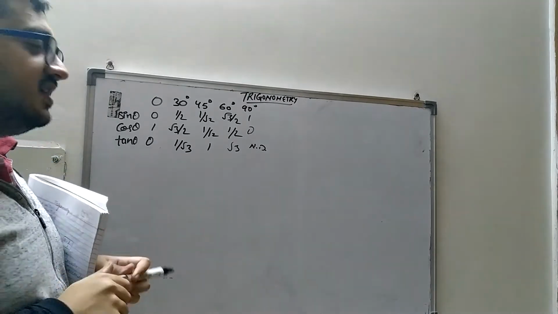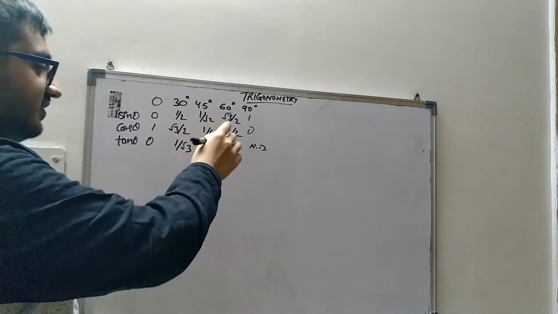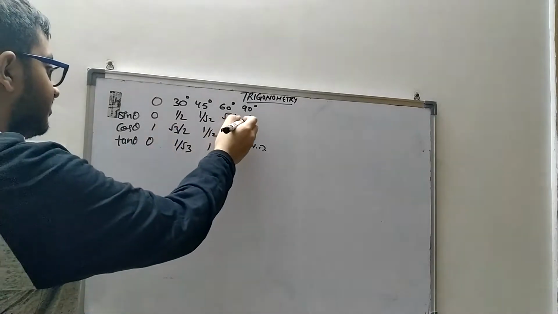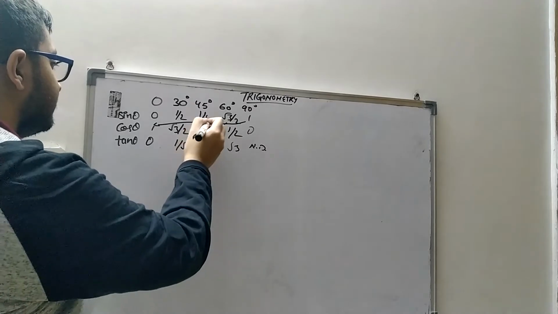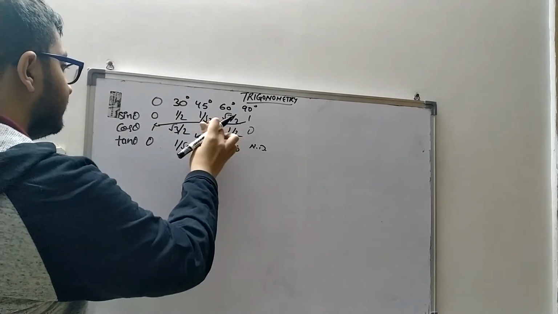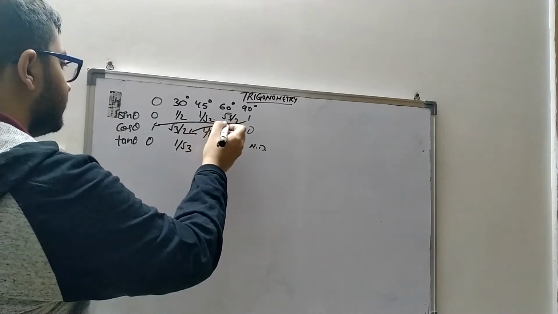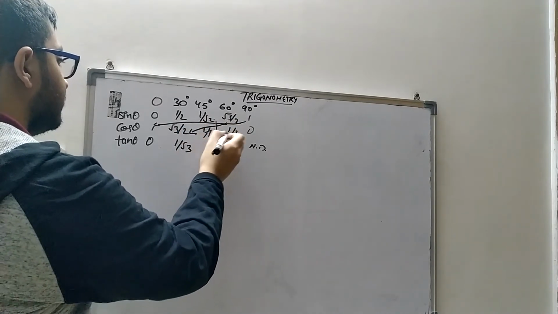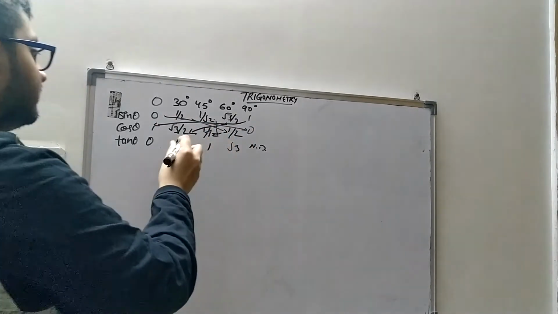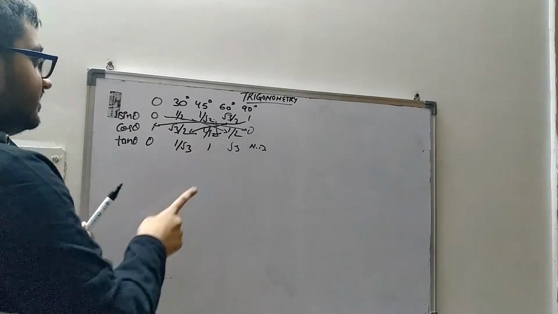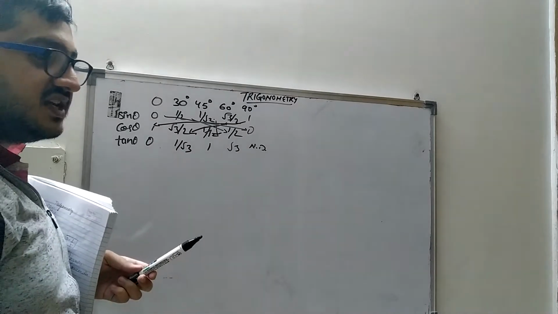If we want to determine cos theta, we have to go in reverse. So here we go in reverse to determine cos angles.